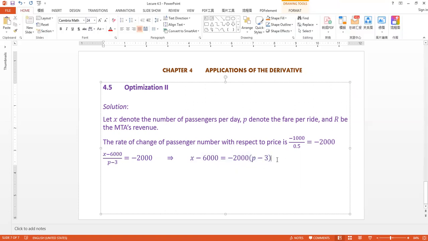Okay, so that's the equation we get. We can simplify this a little bit, so let's just do it step by step.